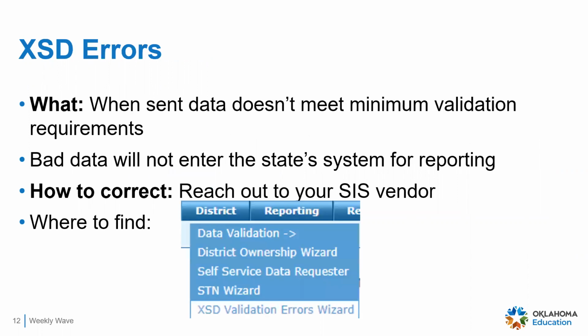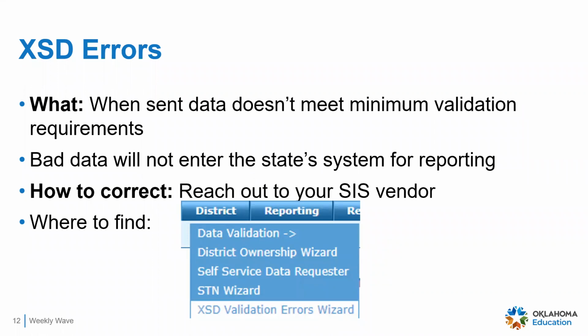Another big thing that you need to be clearing up right now is your XSD errors. That's when data sent doesn't meet the minimum validation requirements, or bad data will not enter the state system for reporting.